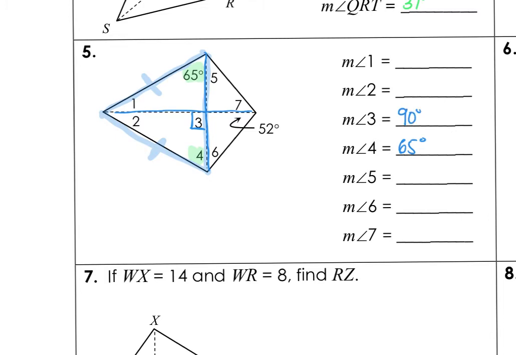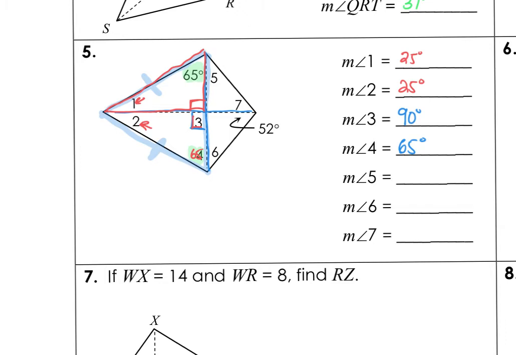All right, so if we take a look, since this is 65, and we know these are 90, we can easily find angle 1 and 2, because we have 2 out of 3 angles of a triangle filled out. So 65 plus 90, subtract that from 180 to get that angle 1 is 25, and angle 2 obviously is also 25.